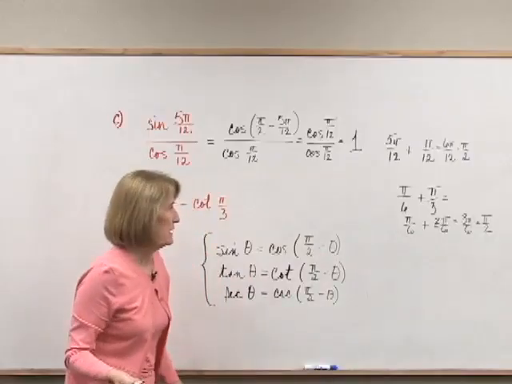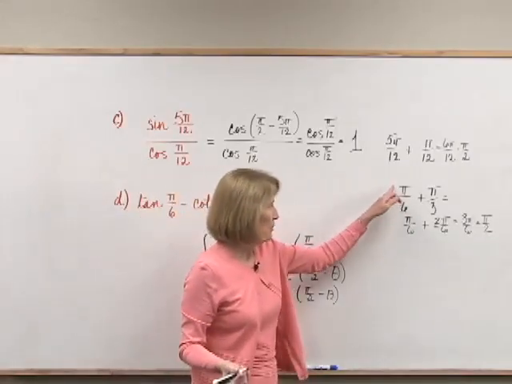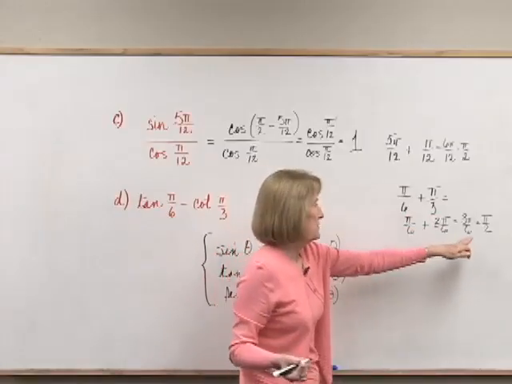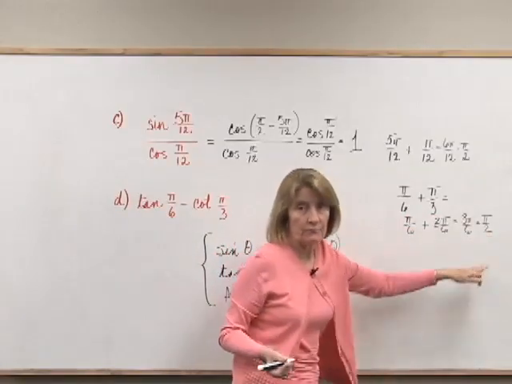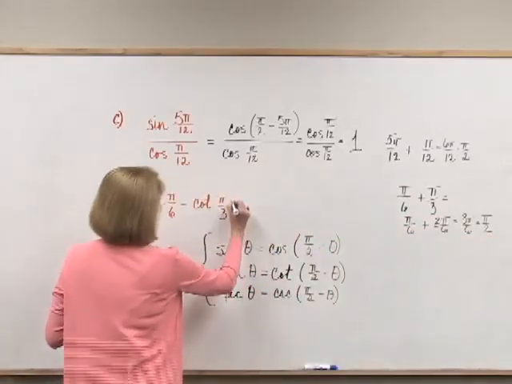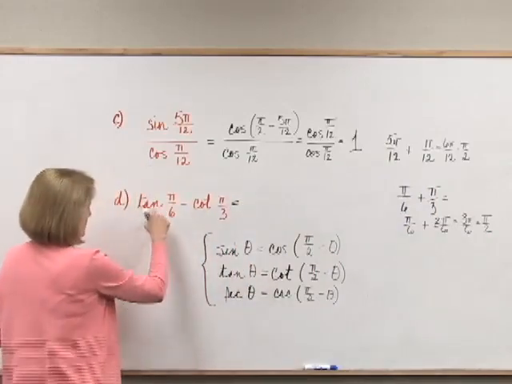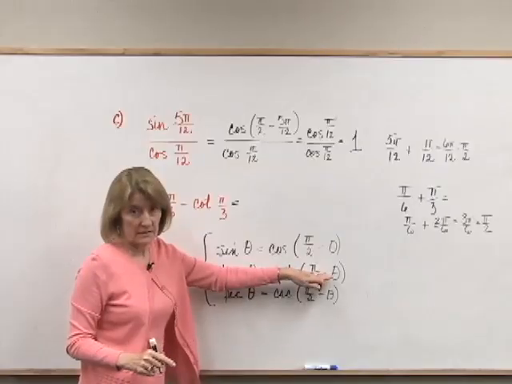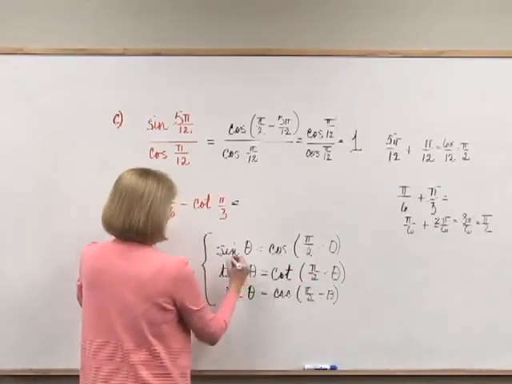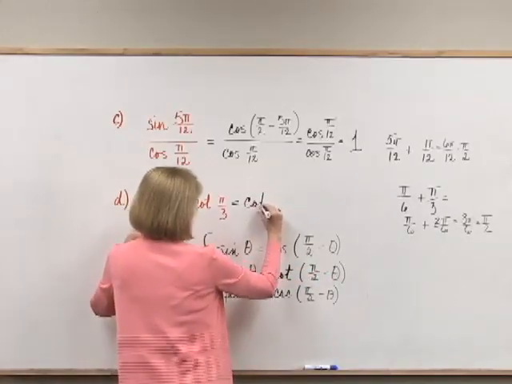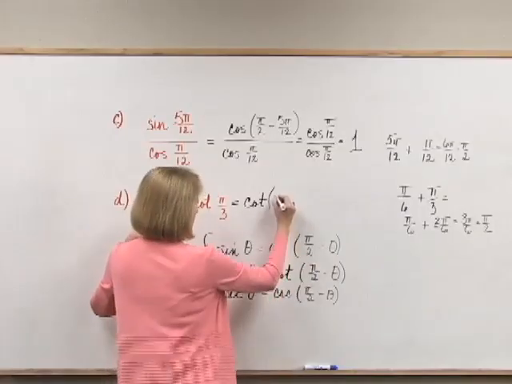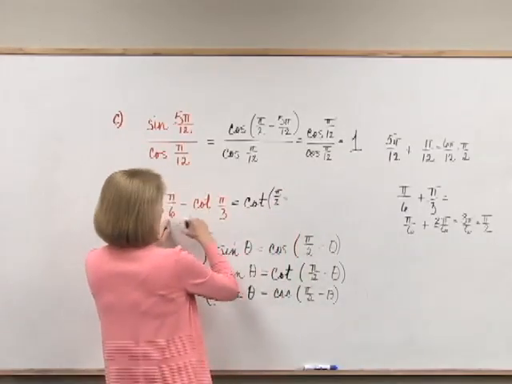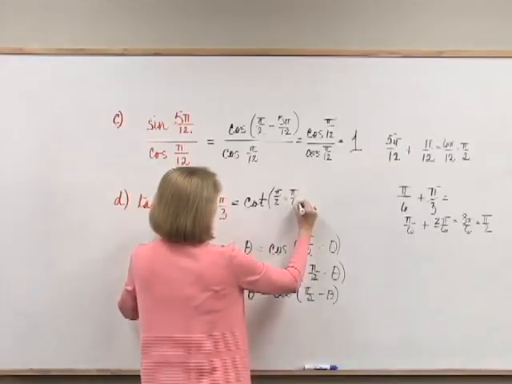So what have we found out? We found out here that pi over 6 and pi over 3 are complementary angles because their sum is pi over 2. So let's rewrite the tangent of pi over 6 using this second identity. It would be the cotangent of pi over 2 minus pi over 6.